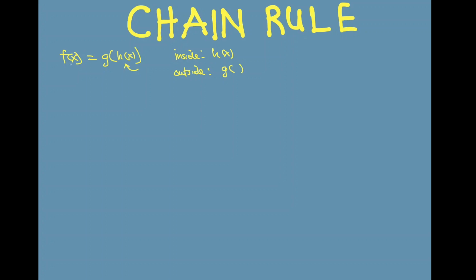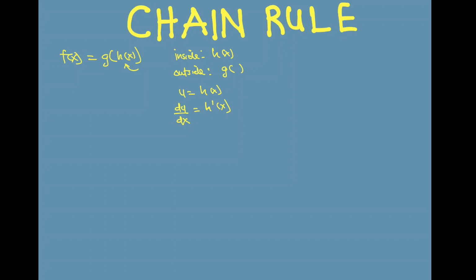Now to differentiate f, we first let u, or any variable, represent our inside function. So in this case, let's use u to represent our inside function, and we differentiate u with respect to x. That gives us h prime of x.